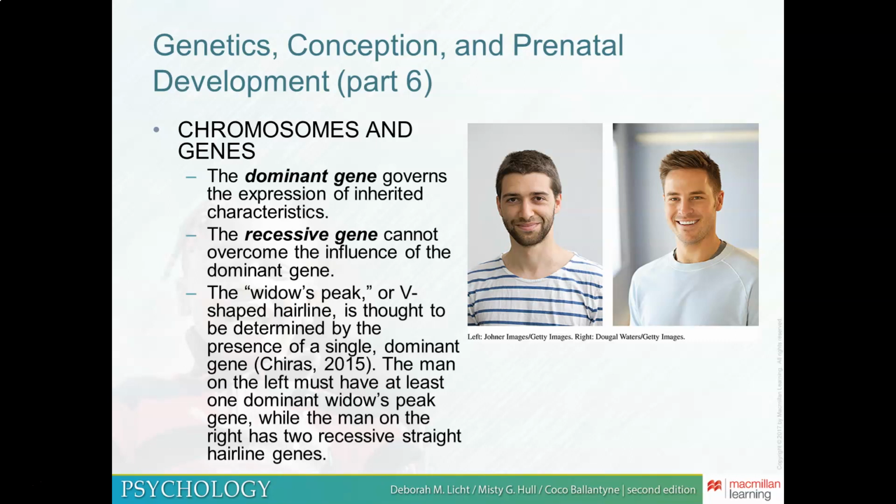So, for example, in the two photos right here, the man on the left has a widow's peak in his hairline. They say that is the result of at least one dominant widow's peak gene, but the man on the right has two recessive straight hairline genes.